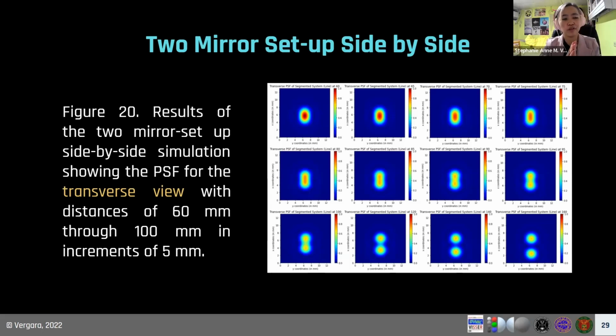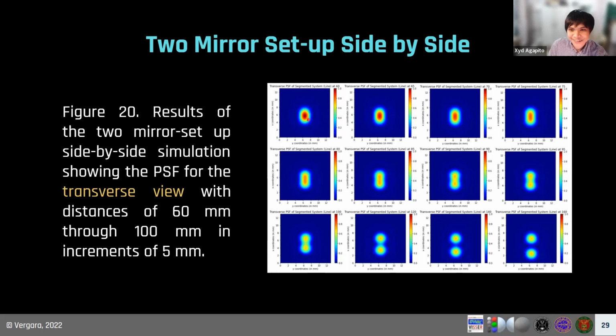Okay po. So if you're imaging Saturn, when you have this point spread function, you're going to see it with details, or clearly you're going to see Saturn.